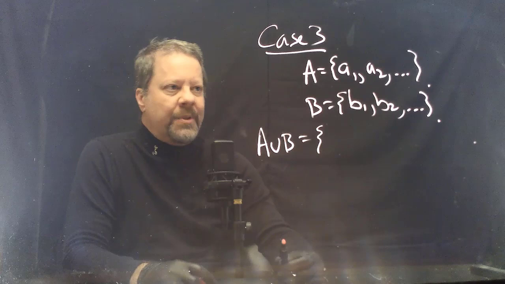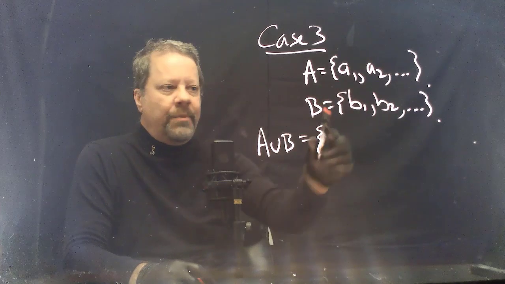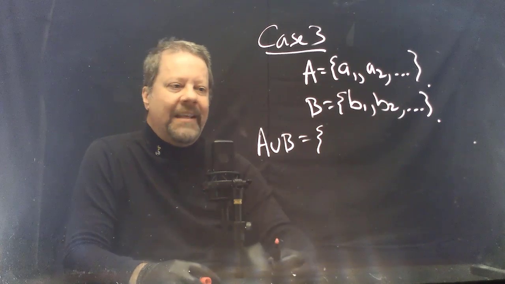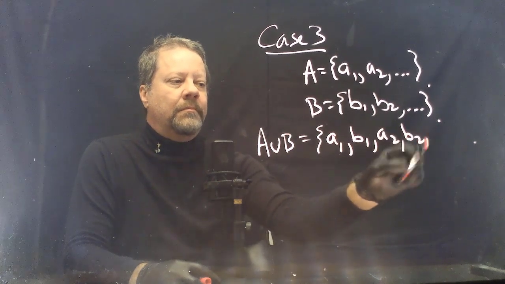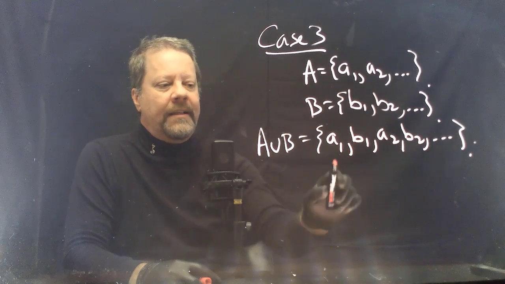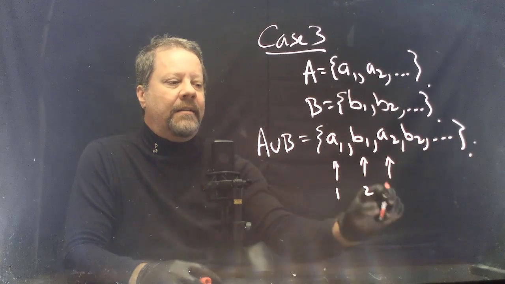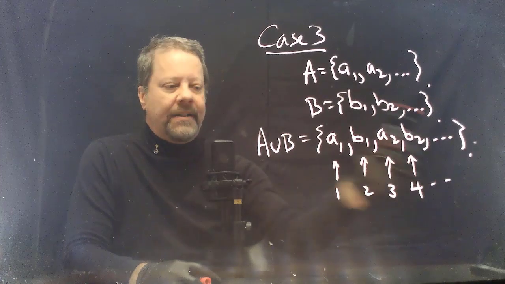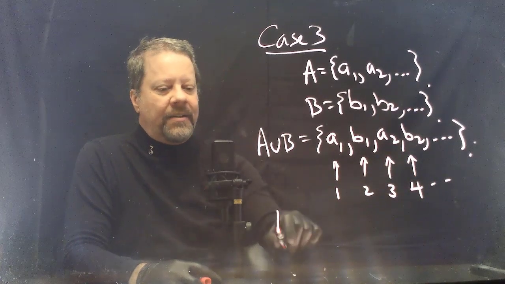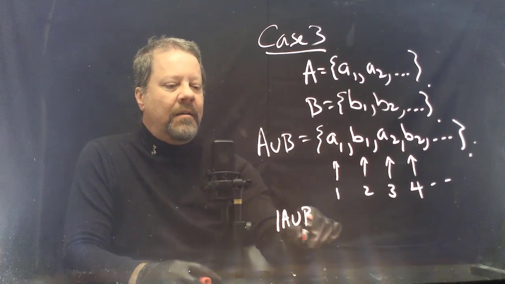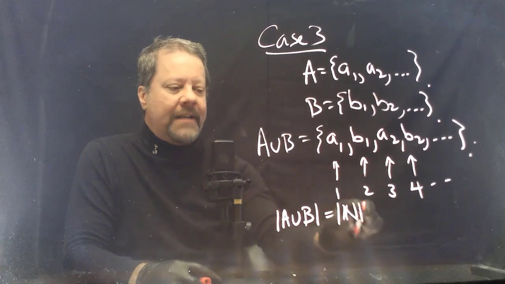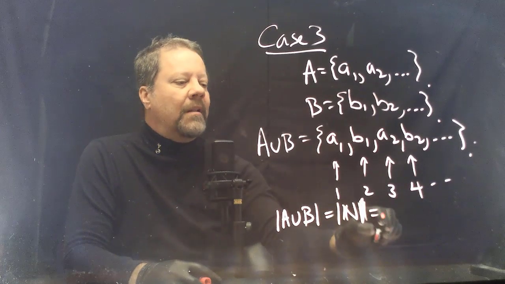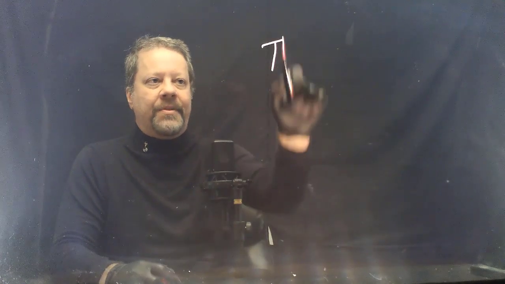Well, we'll just have the members of set A occupy the odd rooms, and the members of set B occupy the even rooms. Like this. So this will be the first, second, third, fourth, and so on. So the cardinality of A union B will be equal to the cardinality of the natural numbers, or aleph naught.